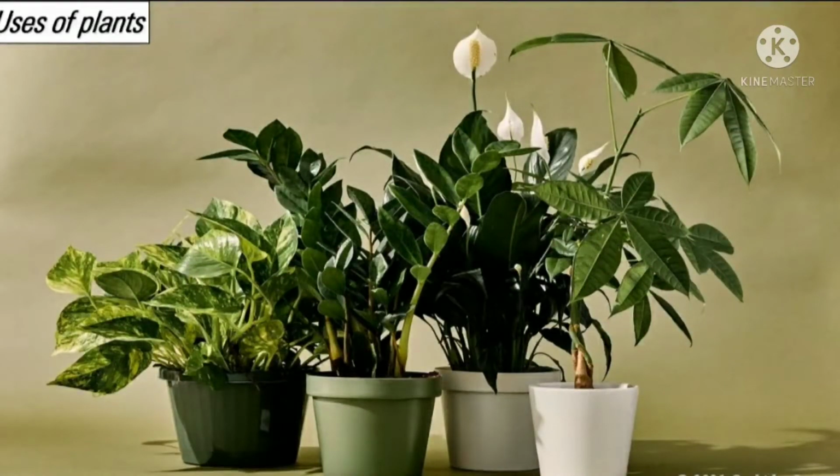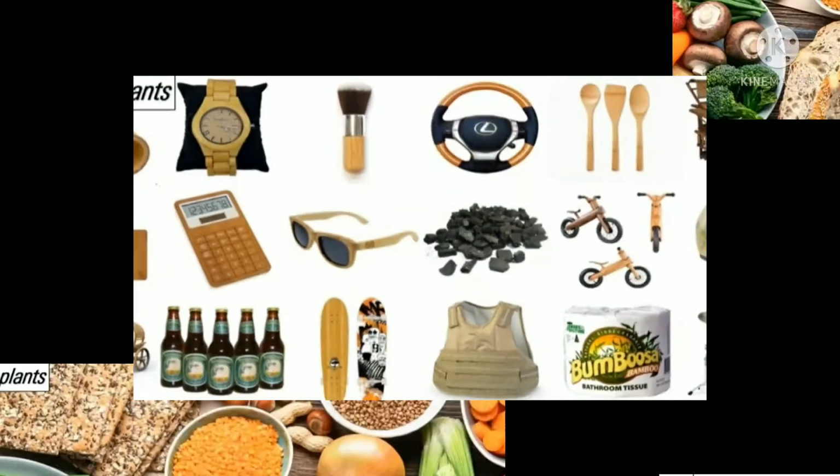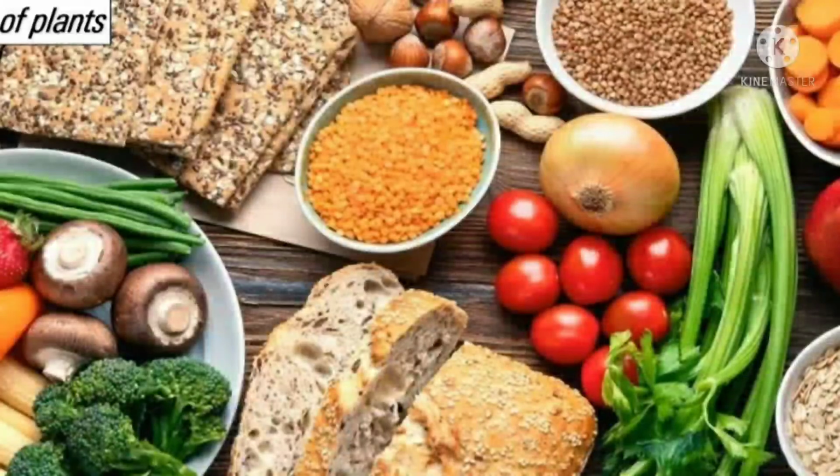Plants are very useful to us, isn't it? Every day we use things made from plants in some form or the other, right? Most of our food comes from plants and we all depend on plants for food.